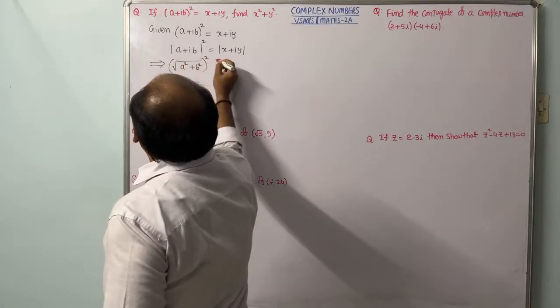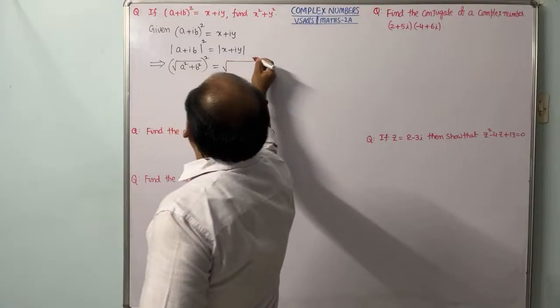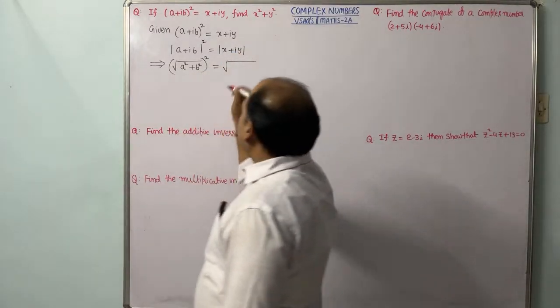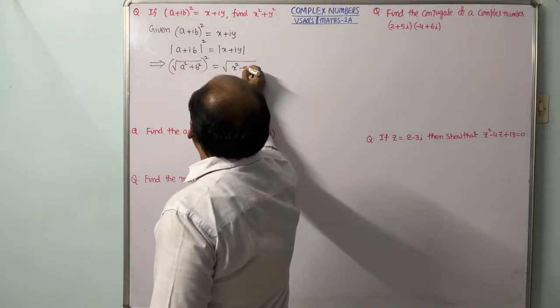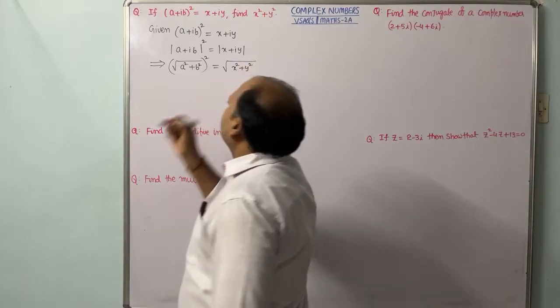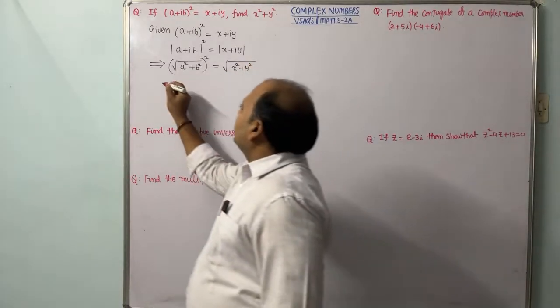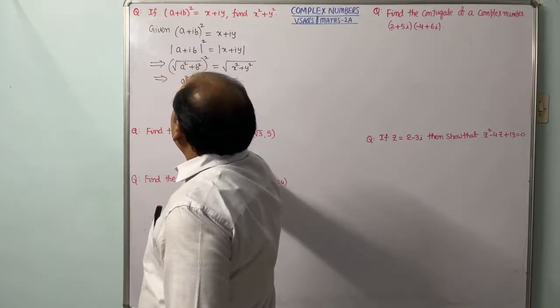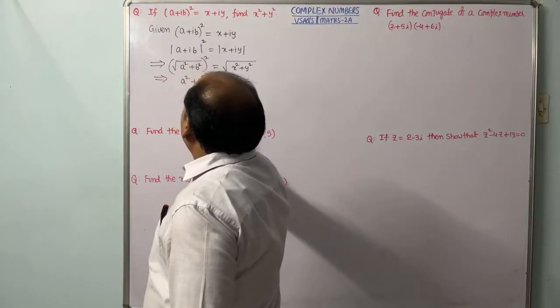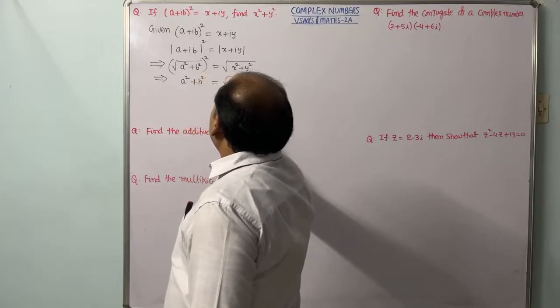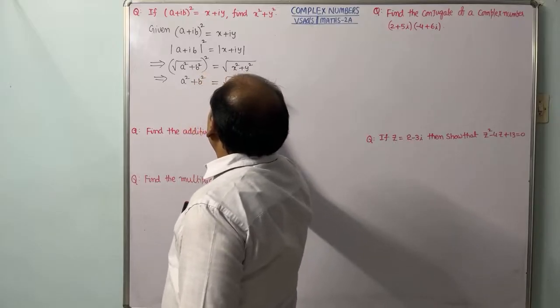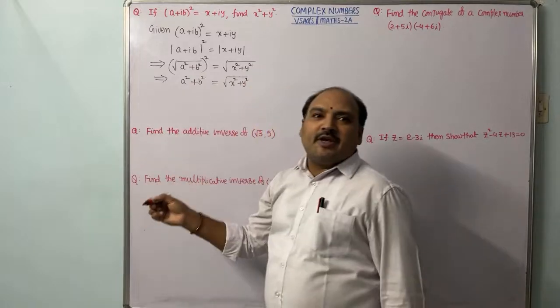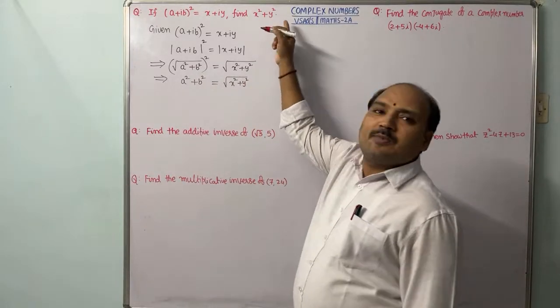Whole square is equal to the modulus of the complex number x plus iy, which is root of x square plus y square. Okay, dear students. So root and square will be cancelled. a square plus b square is equal to root of x square plus y square. In the question they are asking to find x square plus y square.